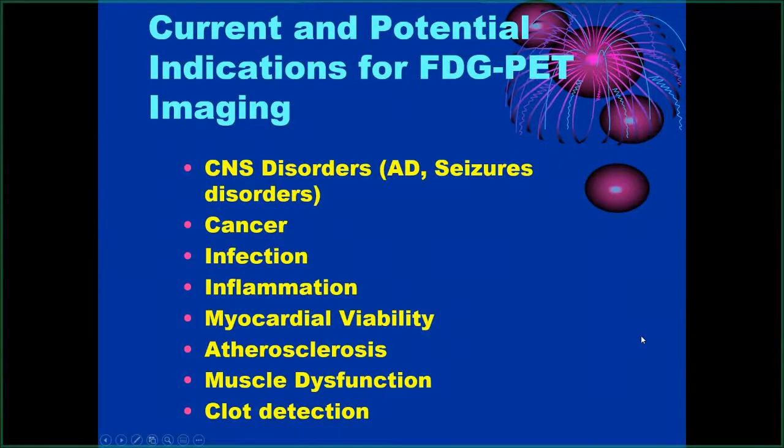FDG has been heavily used since 1976, and we have realized that there are 8 major applications for this very important compound. Although our initial efforts were spent mostly looking at brain disorders, central nervous system disorders, we have realized the importance of FDG-PET in cancer, infection, inflammation, myocardial viability, atherosclerosis, muscle dysfunction, and clot detection.